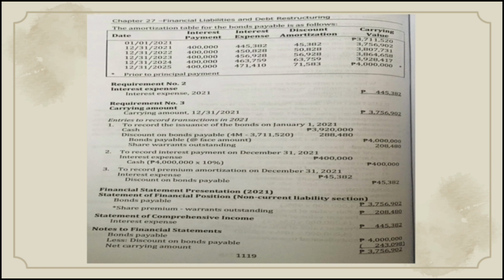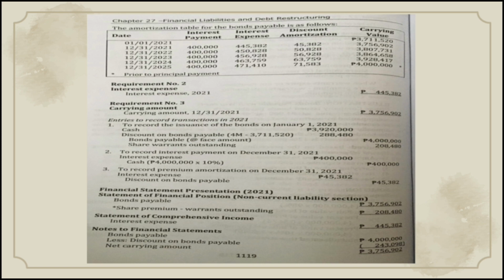And mao na siya ang computation or solution sa uban pa diri nga date like sa December 31, 2022, 2023, 2024, and 2025. So, ang atong interest expense sa 2021, if atong tan-awon diri sa amortization table, naa tay 445,382.